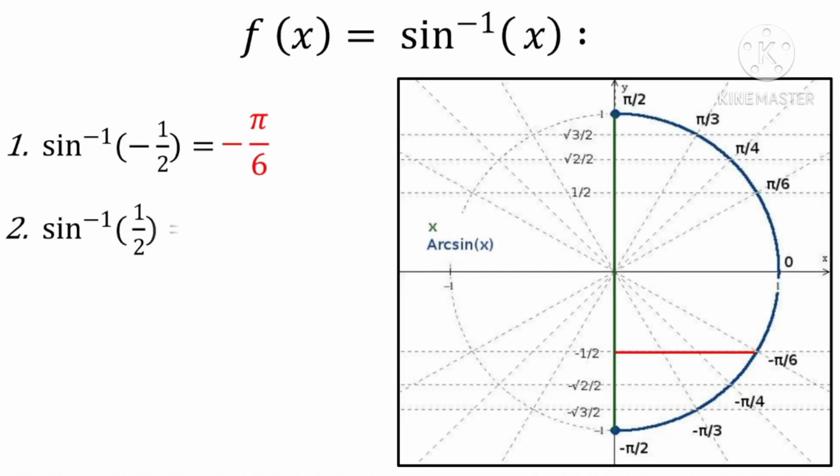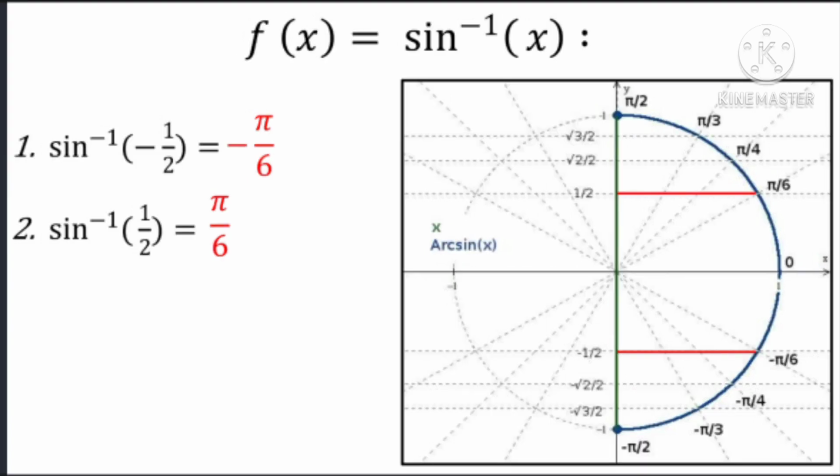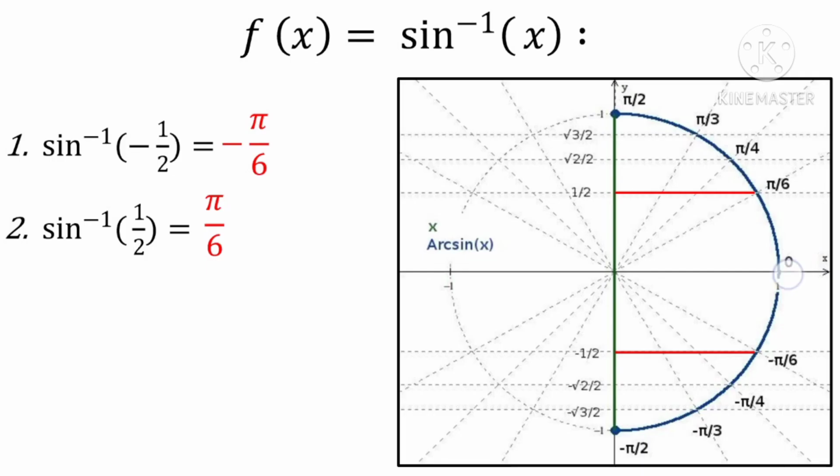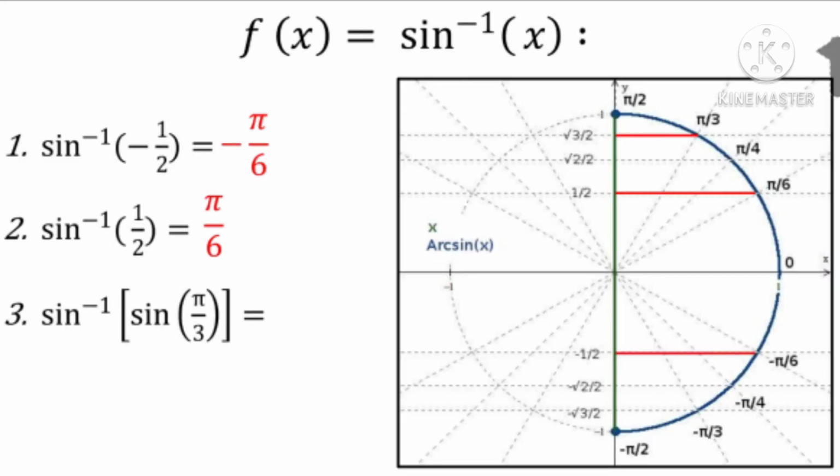Next, sin inverse of half. Now half corresponds to pi by 6. Therefore sin inverse of half is equal to pi by 6. Next one is sin inverse of sin pi by 3. The value of sin pi by 3 is root 3 by 2. So sin inverse of root 3 by 2 we want to find. This corresponds to the angle pi by 3.